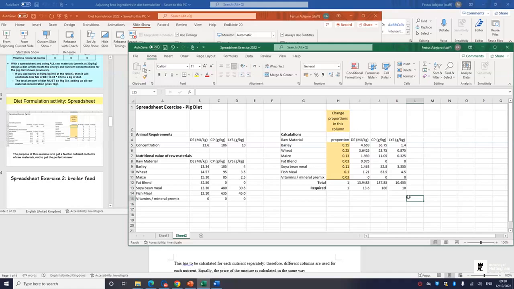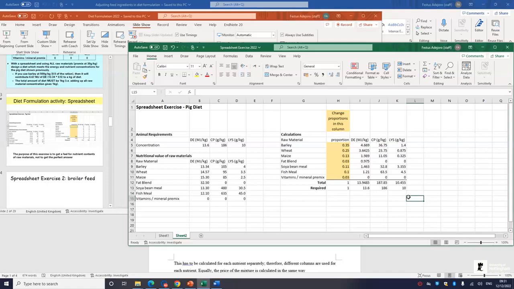In my own formula, I have 35% barley, 25% wheat, 13% maize, maybe 3% fat blend, 11% soybean meal, maybe 10% fish meal, and the fixed ingredient was the vitamin mineral premix, which was included at 0.3%.